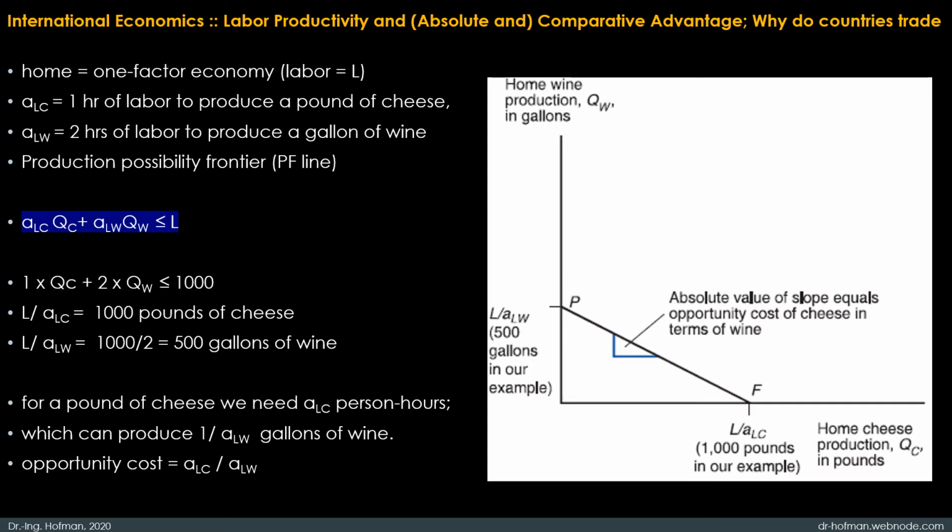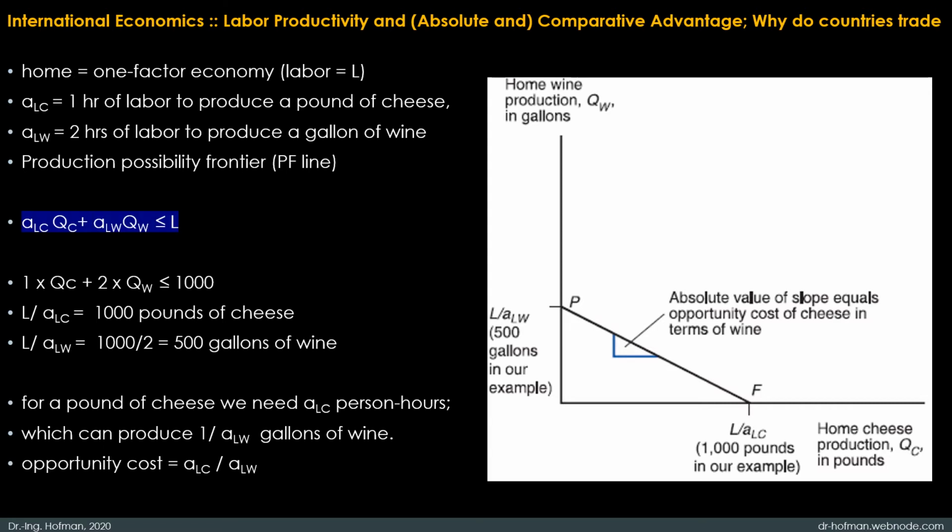In this case, to produce another pound would require aLC person hours. Each of these person hours could in turn have been used to produce 1 over aLW gallons of wine. Thus, the opportunity cost of cheese in terms of wine is aLC over aLW.